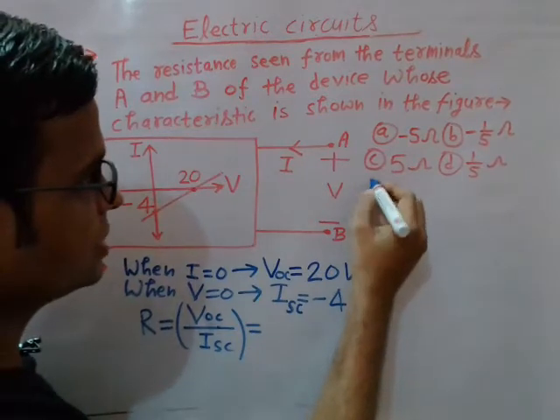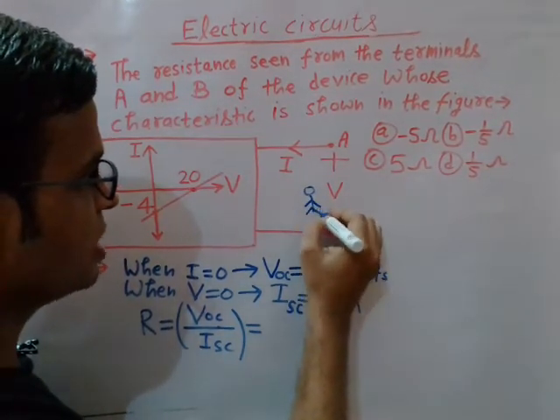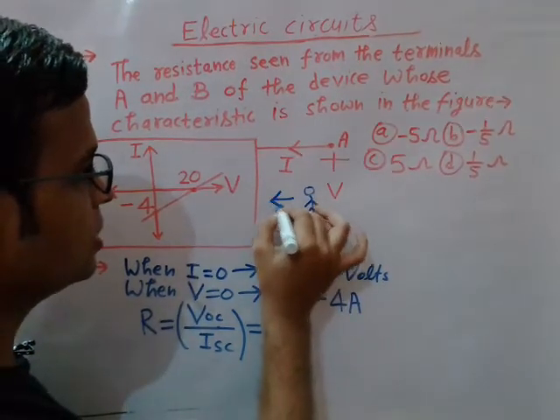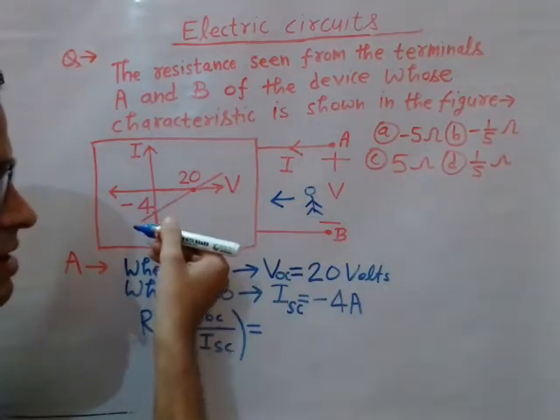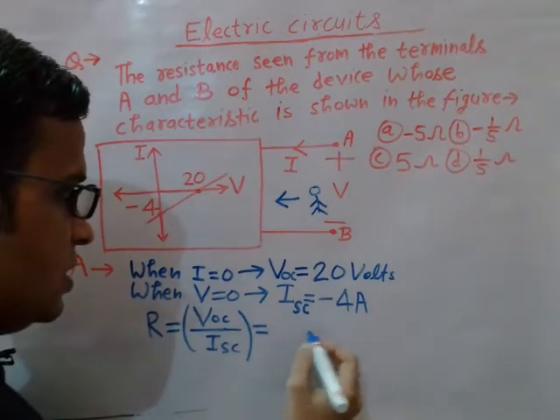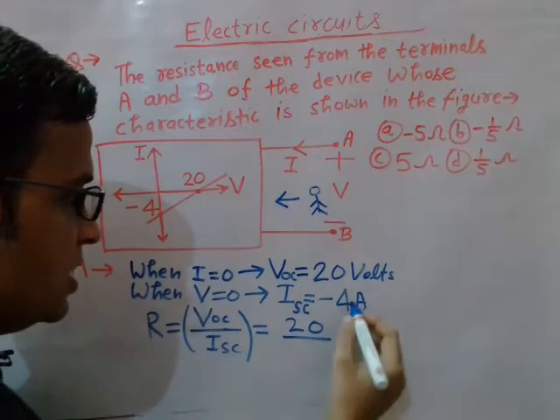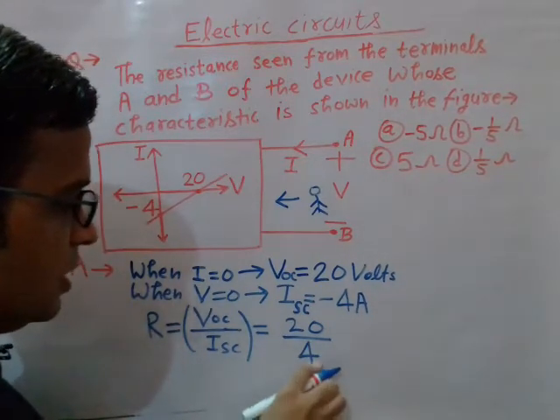When you see the resistance across the terminal AB, you will have to look at the network like this, right? So this is equal to 20 divided by the short circuit current, 4 ampere, right?